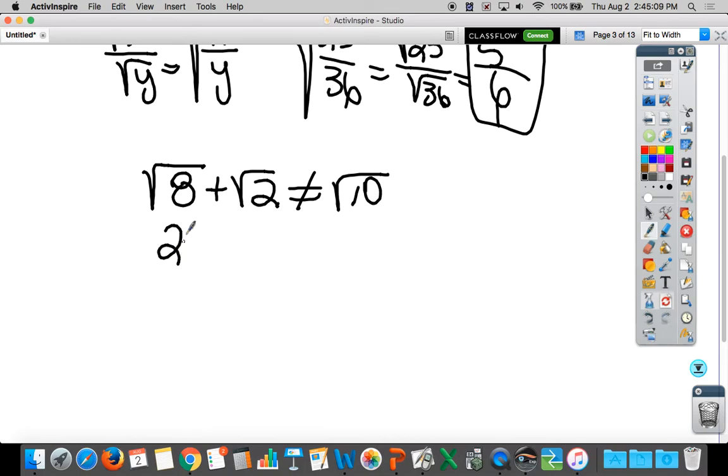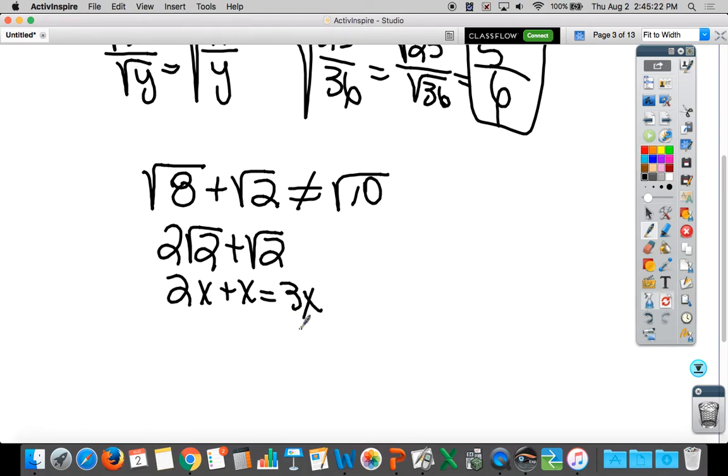So square root of 8 can be simplified to 2 square roots of 2. So if I had 2x plus x, what would y'all tell me? 3x. This works similarly. 2 square roots of 2 plus 1 square root of 2 gives me 3 square roots of 2.